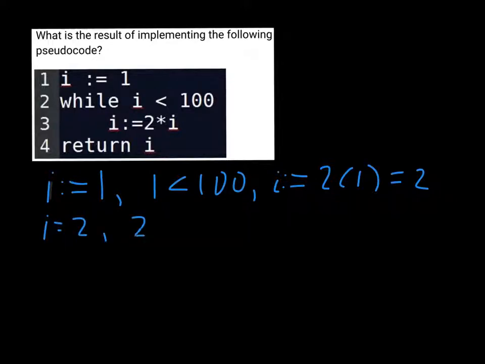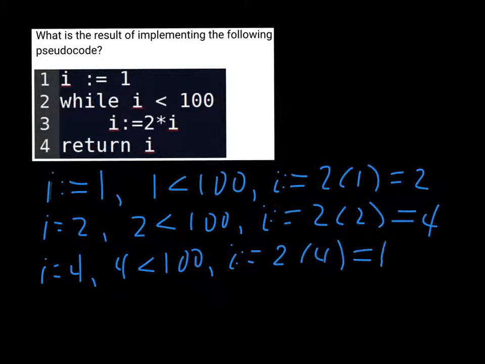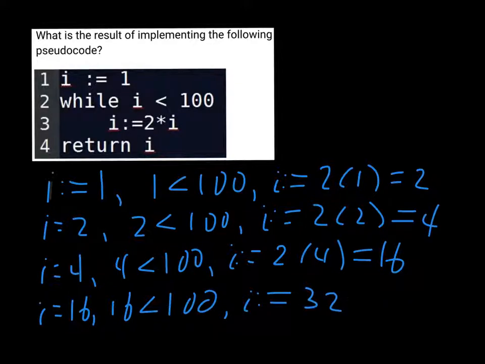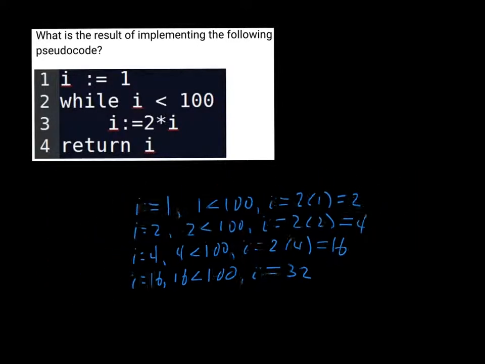We check that 2 is less than 100, so we reassign I to be 2 times 2, which is 4. So now I is 4. 4, yep, less than 100. So I is going to be reassigned to be 2 times 4, and you get 8. So I is 8. 8 is less than 100. So now reassign I to be 16. And we just kind of continue in that same vein.